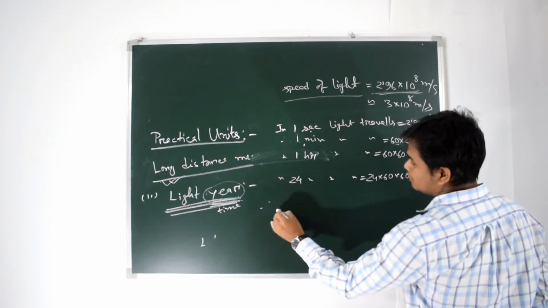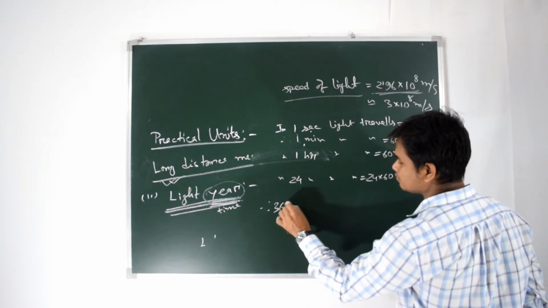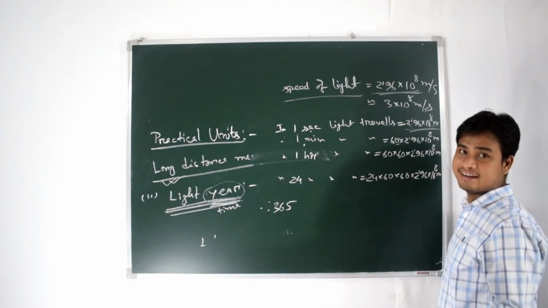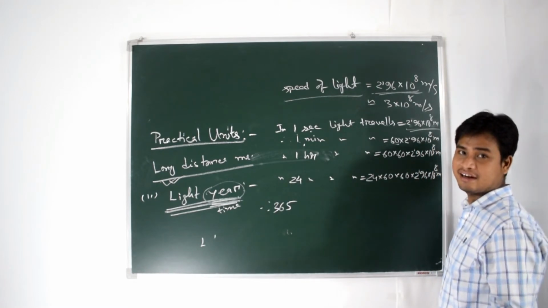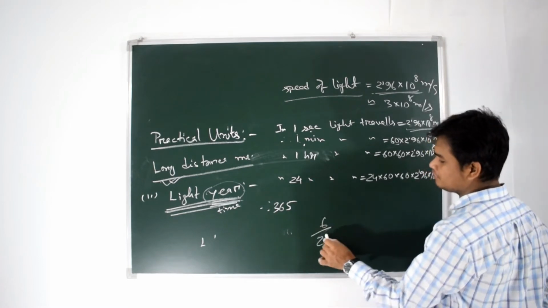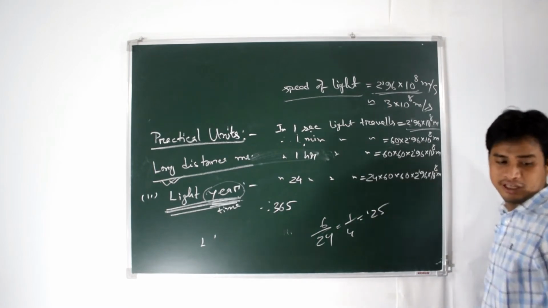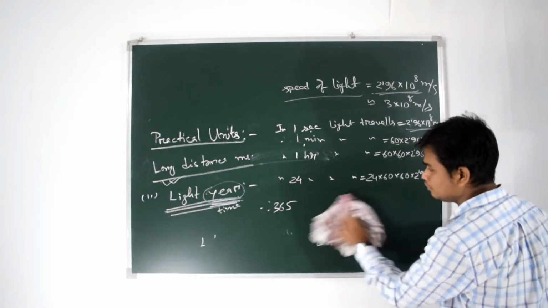Next, in 1 day, 24 hours, light travels 24 into 60 into 60 into 2.96 into 10 to the power 8 meter. So in a complete year, 365 days and 6 hours, 6 by 24 means 1/4, that is 0.25.